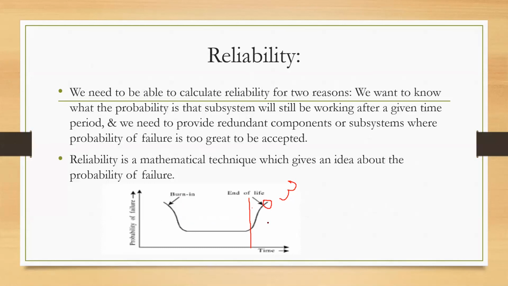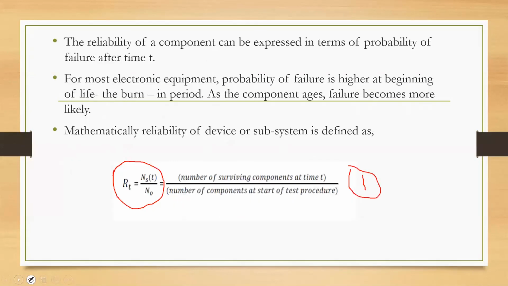This is expected, but we need to avoid early failure by increasing rigorous testing and creating redundancy in the system. The reliability definition is the number of surviving components upon the number of components at the start.